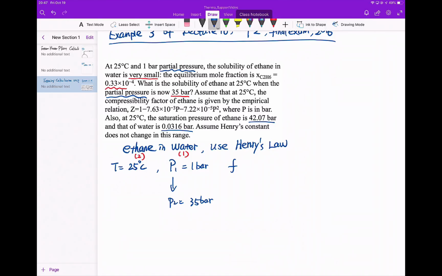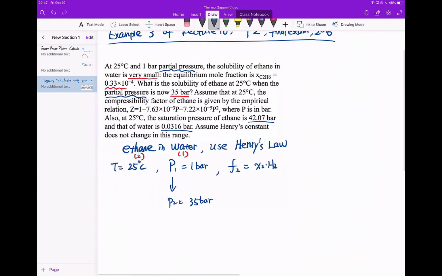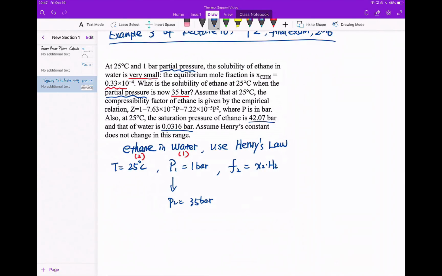So I would have f2 at 25 degrees C, 1 bar. f2 is x2 times H2. I know this x2 value, and I don't know this H2, right? This is the component 2 in the liquid phase.